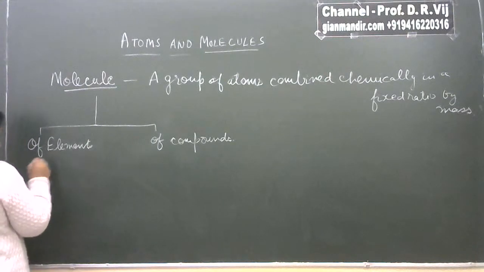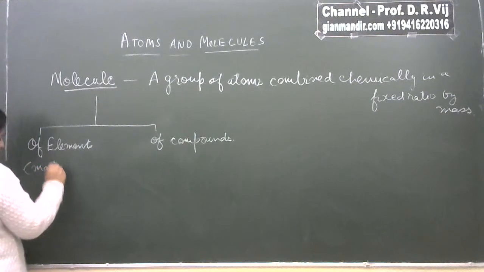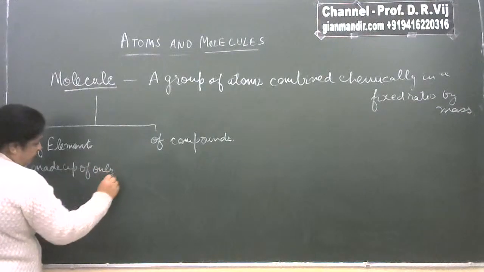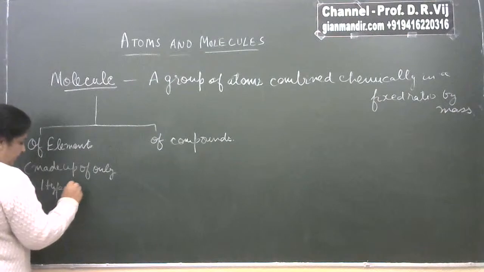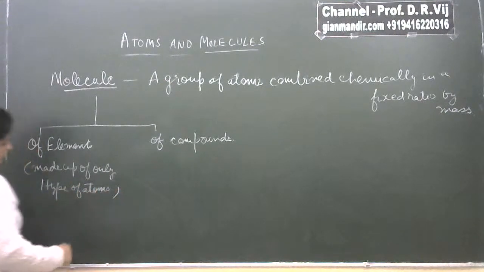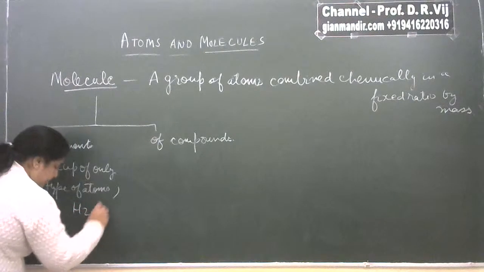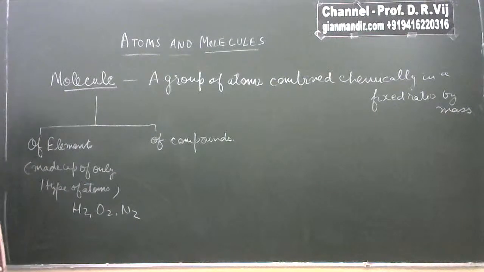Molecules of elements are made up of only one type of atoms. So when a molecule is made up of only one type of atoms, it is known as a molecule of an element. For example, hydrogen, oxygen, nitrogen, etc.